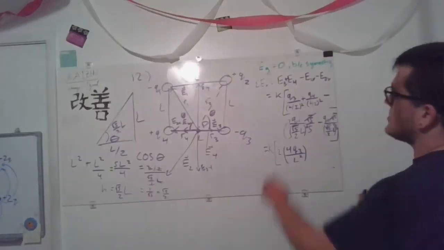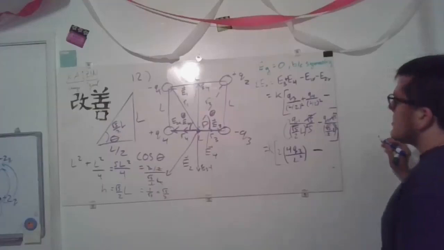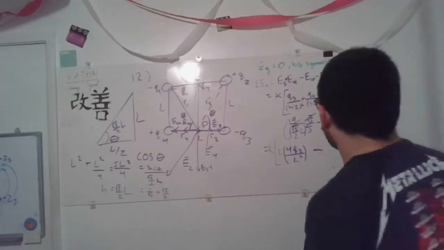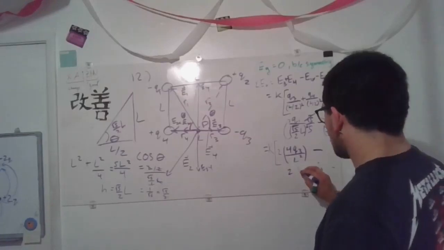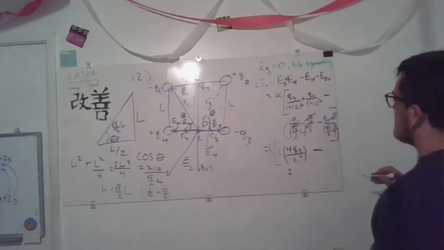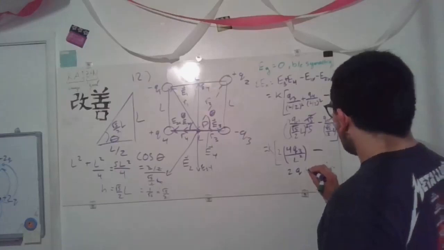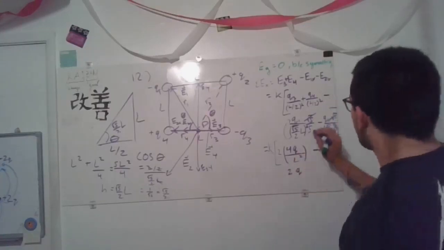Times 2, right? Since they're the same thing, just times 2. Minus now, these two are also the same thing. So I can also do times 2. Yeah, Q1 is the same as Q2, so I can still do that. Q. I can call that Q.